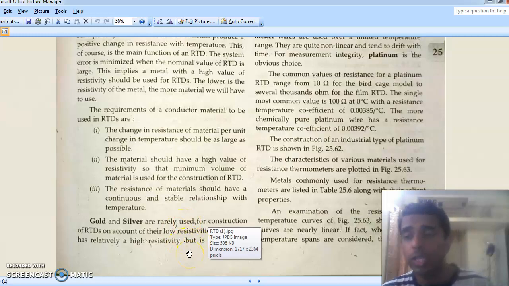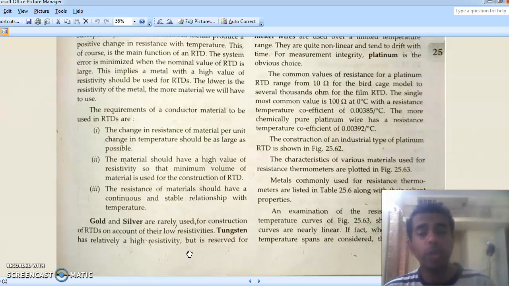We know that rho is equal to RA by L. That is, this is actually taken from the basic equation R is equal to rho L by A. So R into A divided by L is nothing but the resistivity. So if a material has very high resistivity, the meaning is that the numerator is high, or the length, the denominator, is very small.